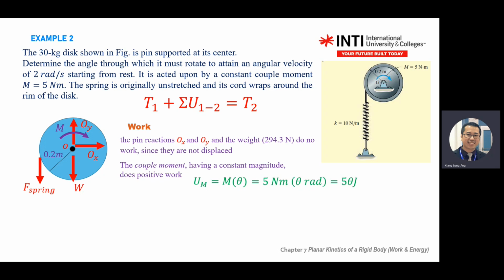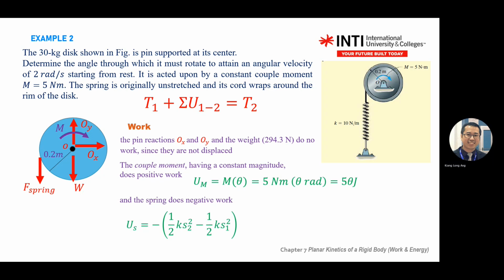So M was given as 5, the angle we don't know, because the angle is the change of rotation. So we have 5 theta joule. The spring does negative work. Formula for the spring, half k s squared, before minus after, but it's still negative.